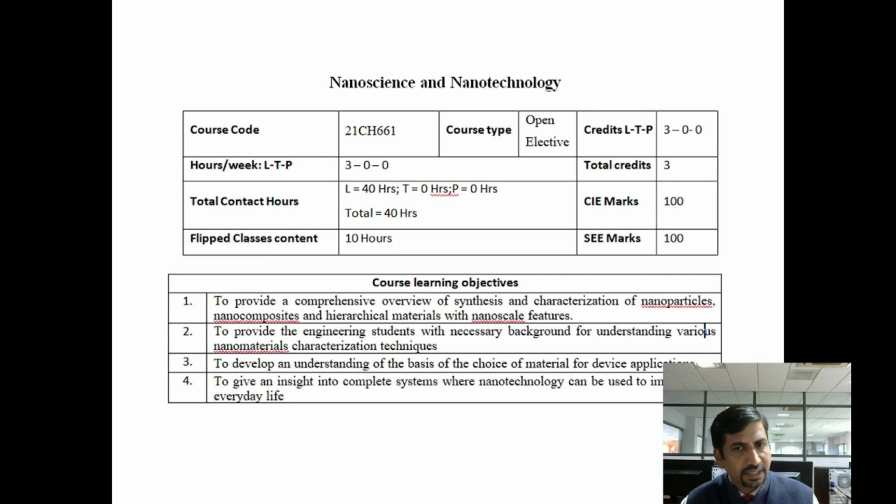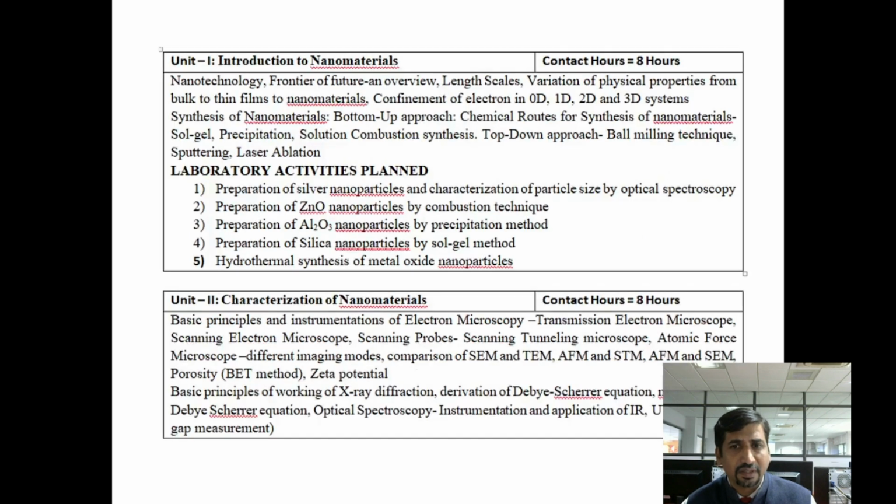The main course learning objectives are to provide a comprehensive overview of synthesis and characterization of nanoparticles, nanocomposites, and hierarchical materials with nanoscale features; to provide engineering students with the necessary background for understanding various materials, nanomaterials, and characterization techniques like SEM, TEM, EDAX, XRD; to provide understanding of the basics of choice of materials for device applications; and to give an insight into complete systems where nanotechnology can be used to improve your everyday life. These are the course learning objectives.